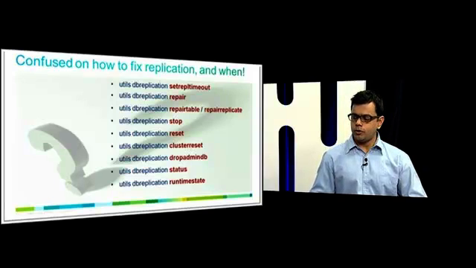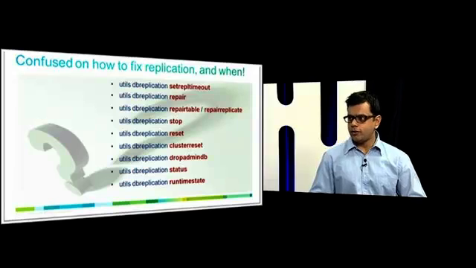Next command would be your utils dbreplication drop admindb. I would probably run this command only if I see that the RTMT status is a 4 and it's going from 4 to 0 and then back to 4. That means your CDR or your Cisco database replicator is not being able to set up or define correctly, either on the publisher or the subscribers.